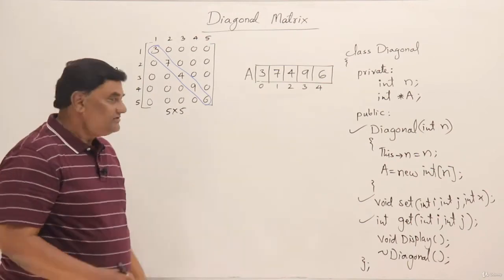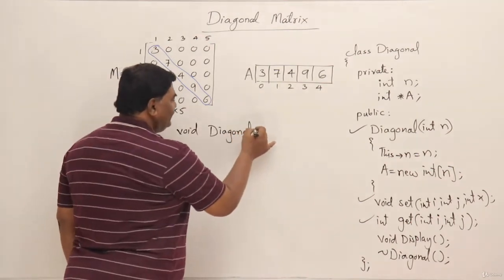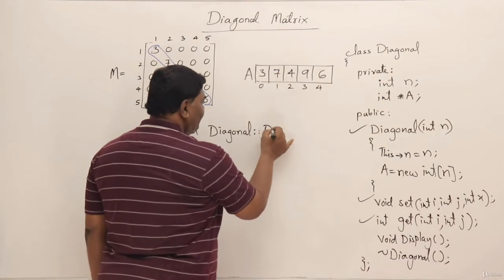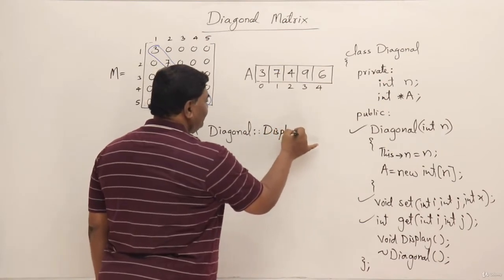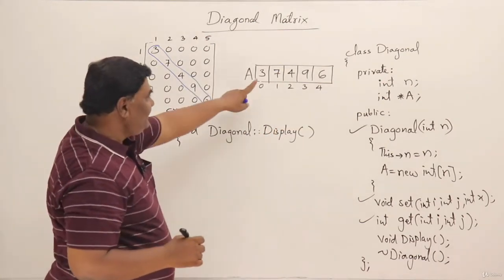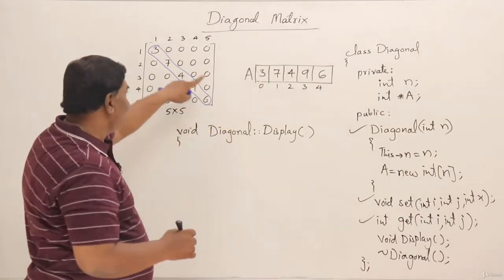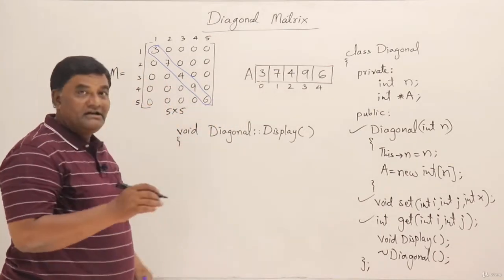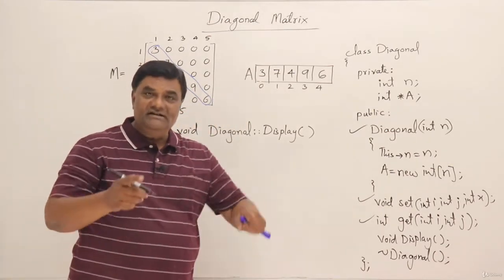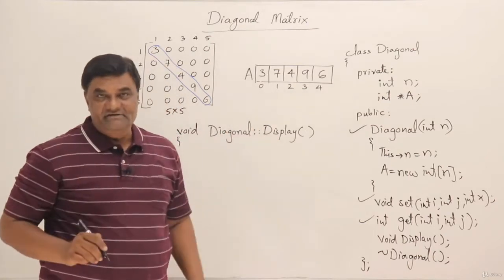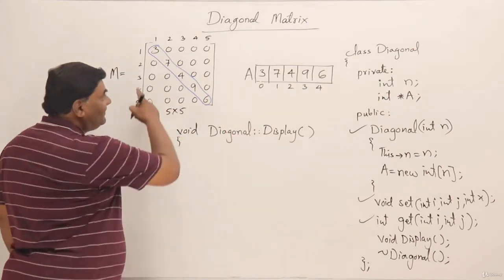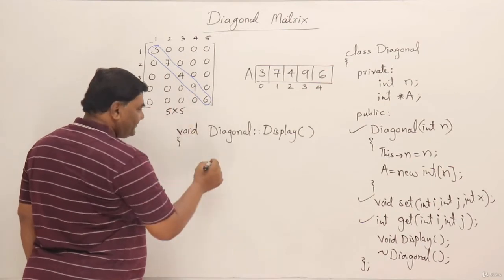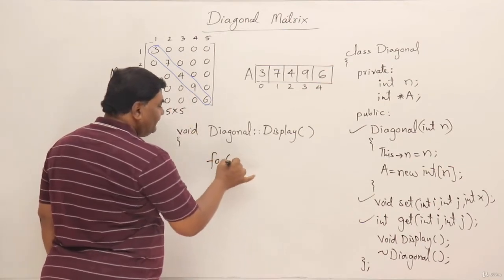Now the display function, class name and function name display. Display means actually we have these elements, but we should display them like a 2-dimensional array along with its zeros, so that it looks like a matrix. So let us display a 2-dimensional matrix. For that we need two for loops.